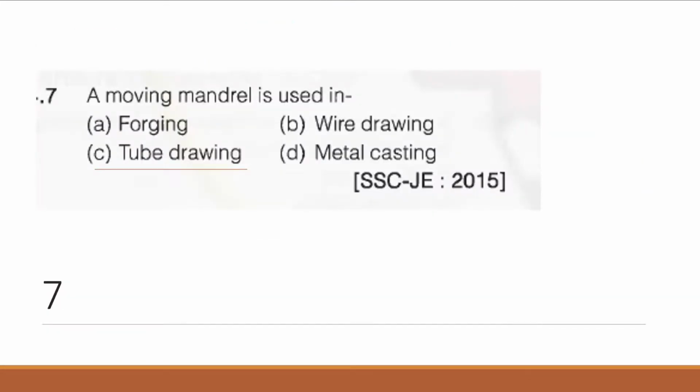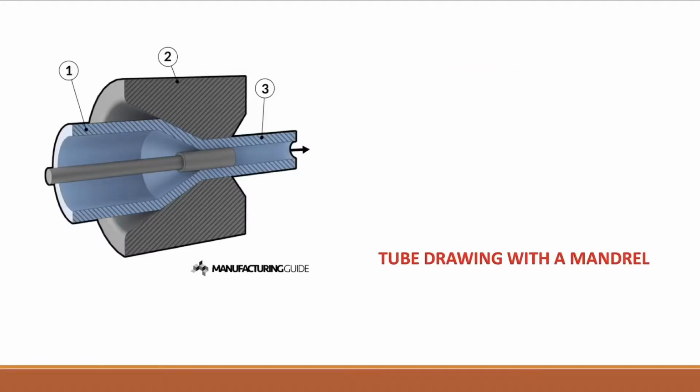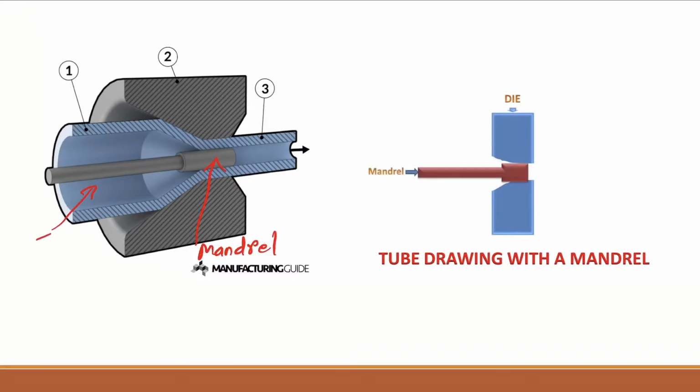Now the 7th question, a moving mandrel is used in, so it is used in tube drawing operation. Moving mandrel is used in tube drawing, right? Here you can see this is a tube drawing operation, right? This is the mandrel, and this tube is basically moving from this side to that side, making this hollow kind of a tube.